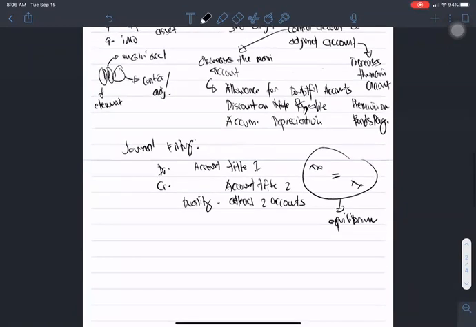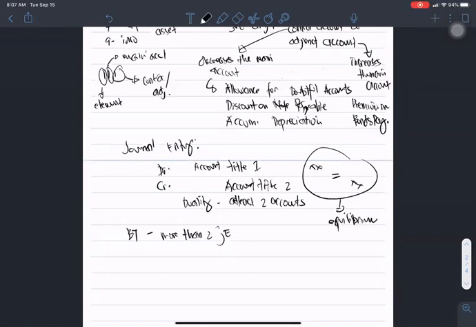Now, guys, you might ask me, sir, is there a possibility that the journal entry is more than 2, or that the journal entry is composed of more than 2 accounts? So the first question is, can there be a business transaction that contains more than 2 journal entries?